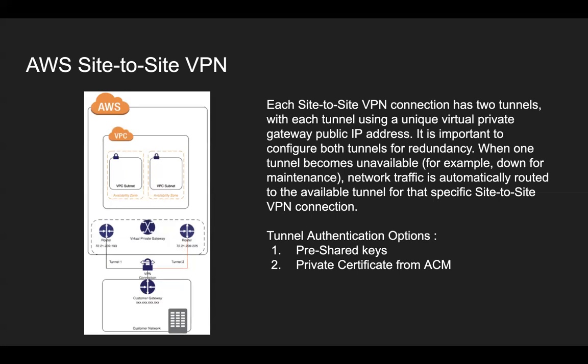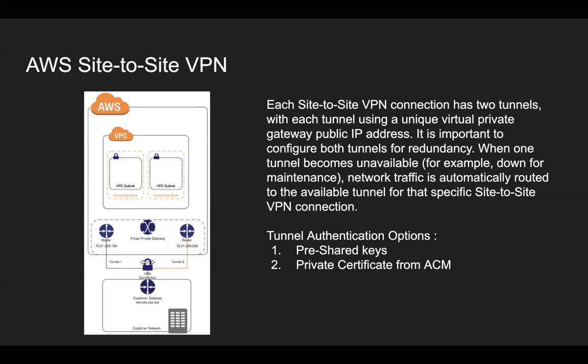But on the AWS side of things, by default you get two tunnels for a site-to-site VPN connection. It is important to configure both these tunnels for redundancy. So when one tunnel becomes unavailable, like if AWS is doing some maintenance and so on, the network traffic is automatically sent over the other tunnel.